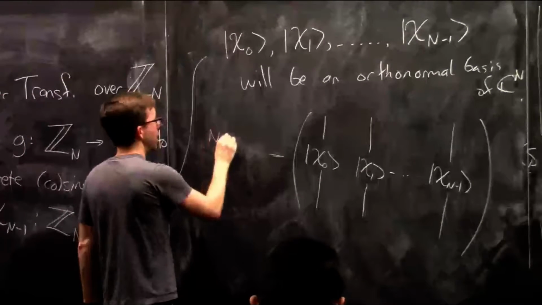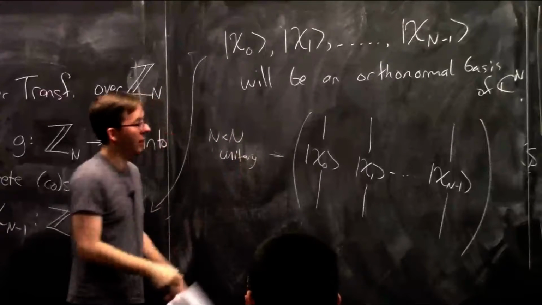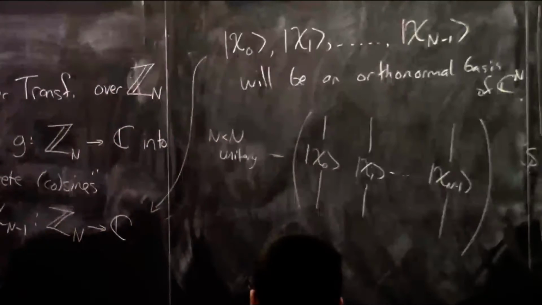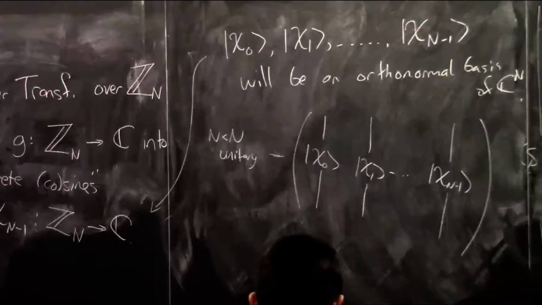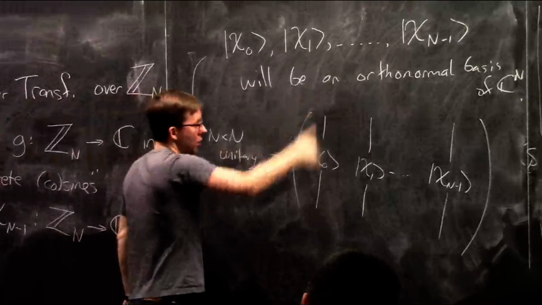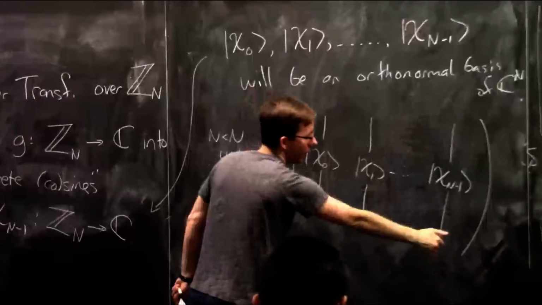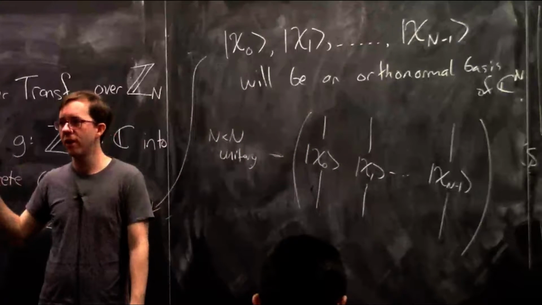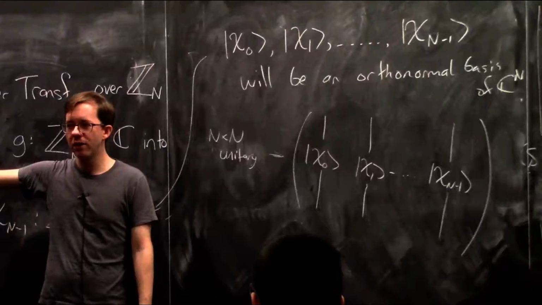So this is an n by n unitary matrix, which is convenient because this is exactly the sort of transformation you can effect with a quantum computer, by the laws of quantum mechanics. What is this transformation? It moves the first standard basis vector here, the second standard basis vector here, and the last standard basis vector here. So it's the transformation that takes the standard basis and moves vectors to the interesting chi basis.